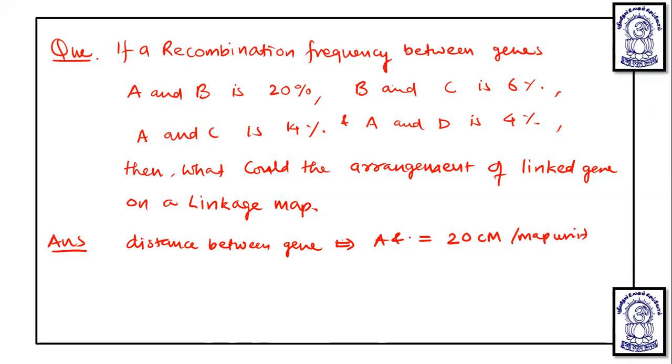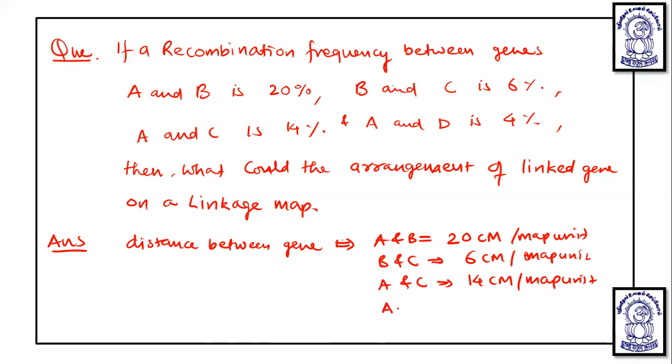Between B and C, it is 6 centimorgan or 6 map unit. Between A and C, it is 14 centimorgan or map unit. And between A and D, it is going to be 4 centimorgan or map unit.